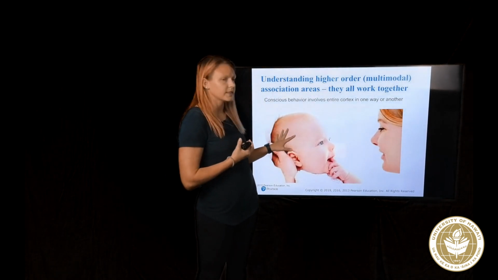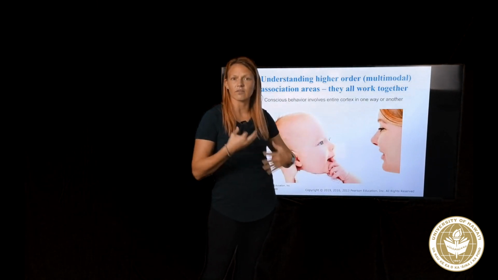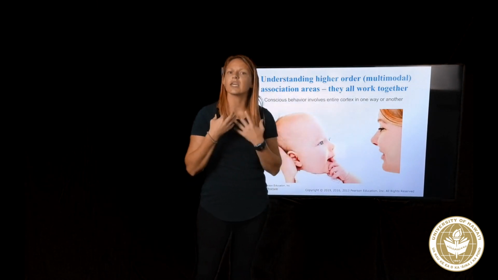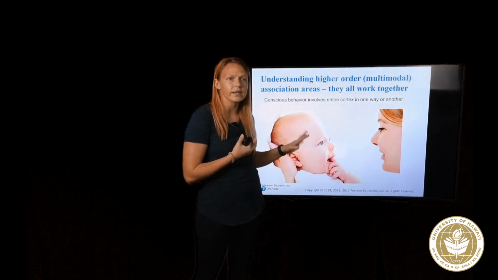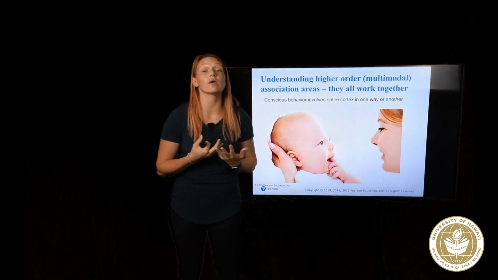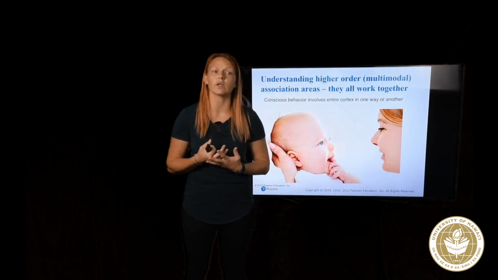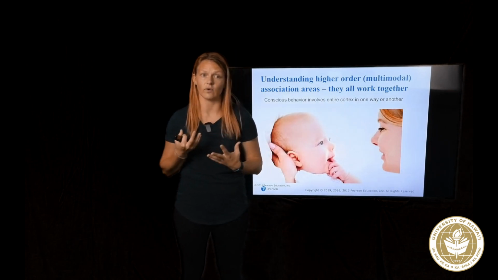So what's going on in this picture? Well, baby sees mom's face, kind of feels her emotion, hears the tone of her voice, feels hand on its head, notices a smile. Baby is then going to develop a memory of comfort in mother's arms and in seeing mother's face and hearing her voice.